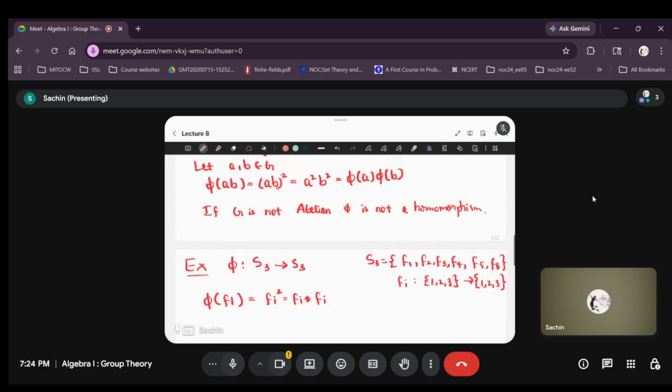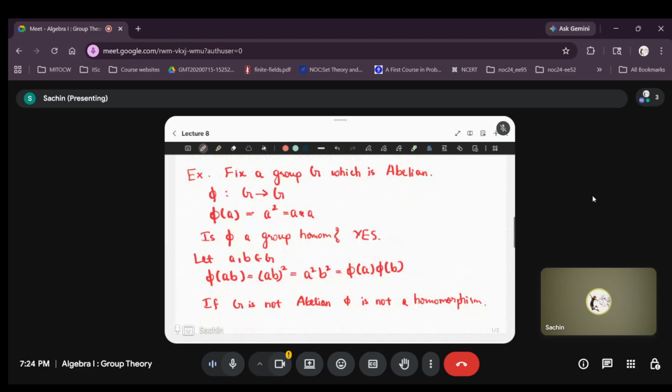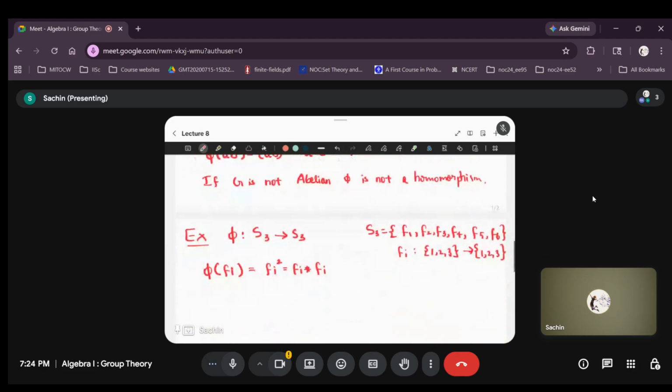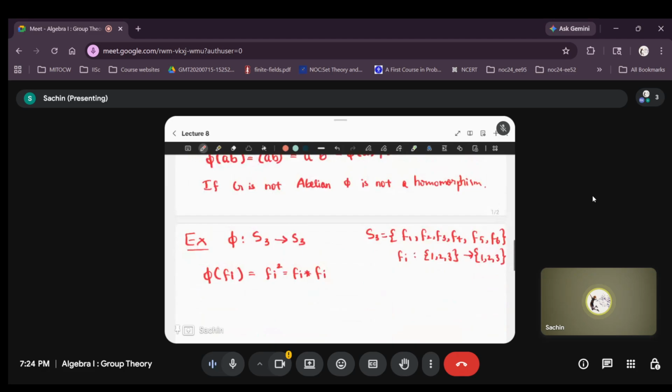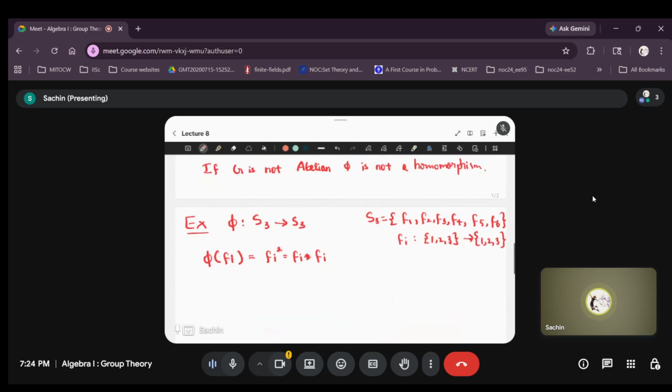So here we said that G has to be abelian. Since S3 is not abelian, this should not be a group homomorphism. This example is just to show that if G is not abelian, phi of A equal to A square is not a group homomorphism.